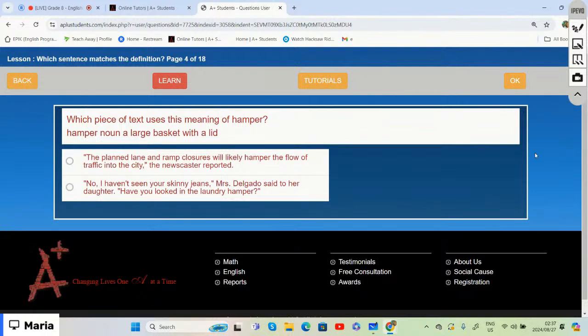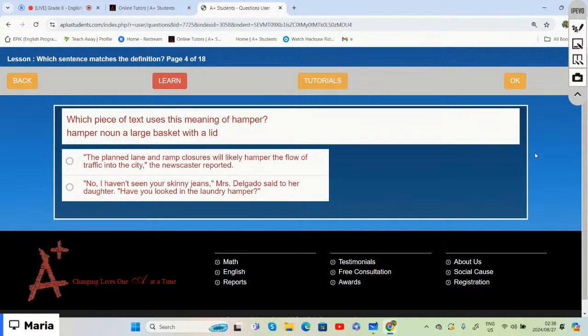All right. Which piece of text uses the meaning of hamper? Hamper is a large basket with a lid.